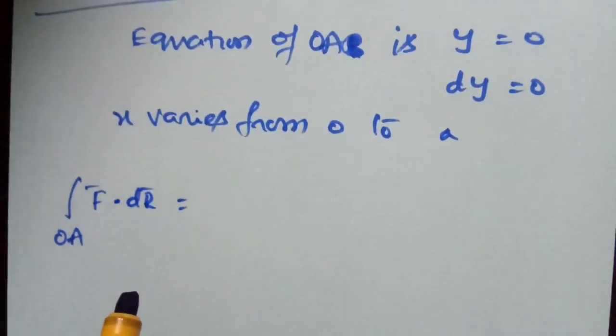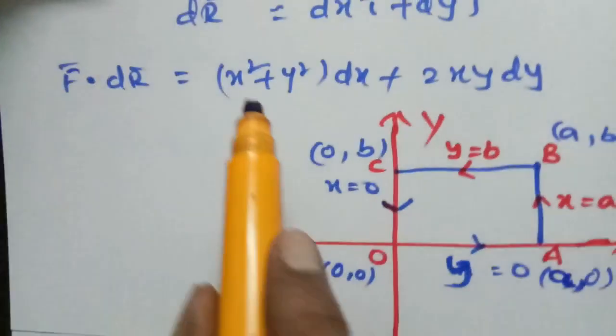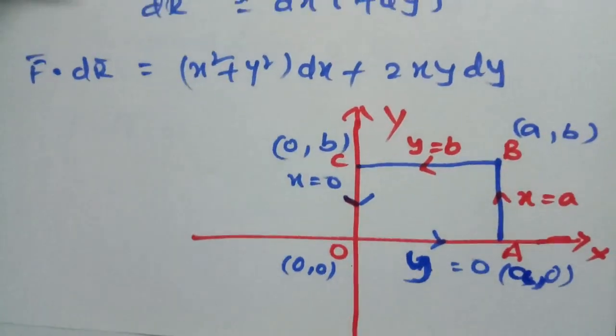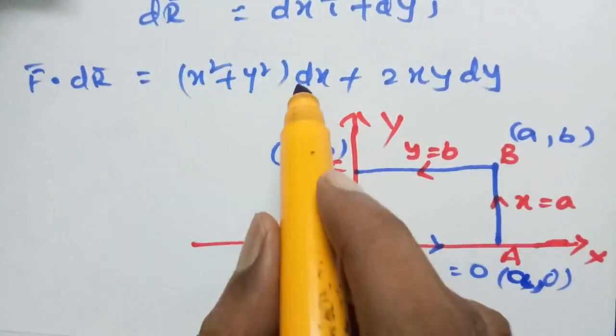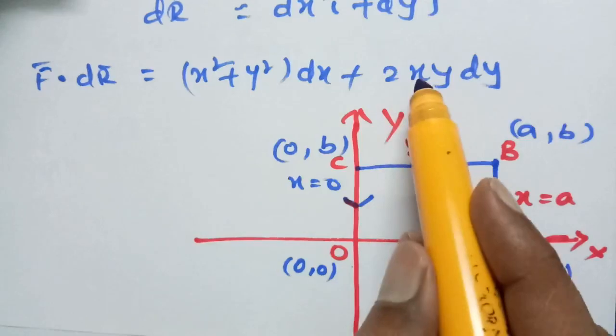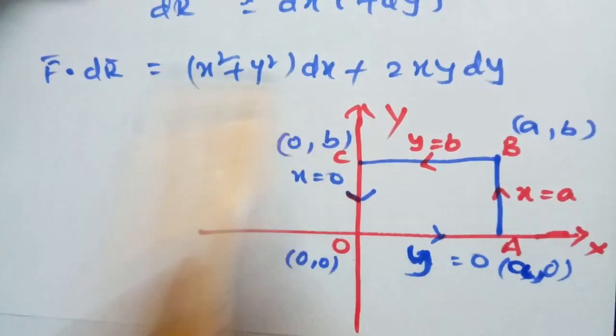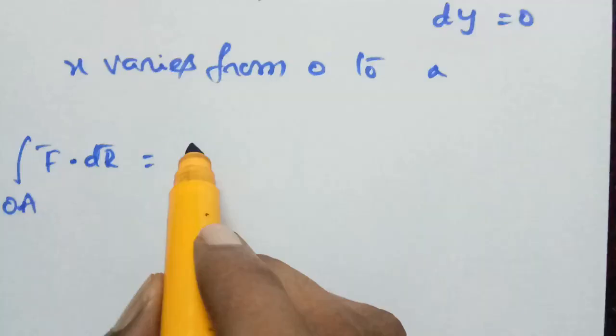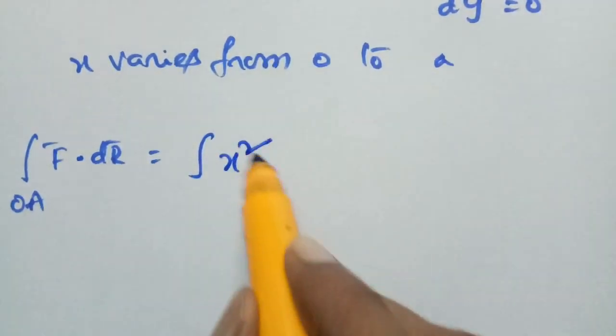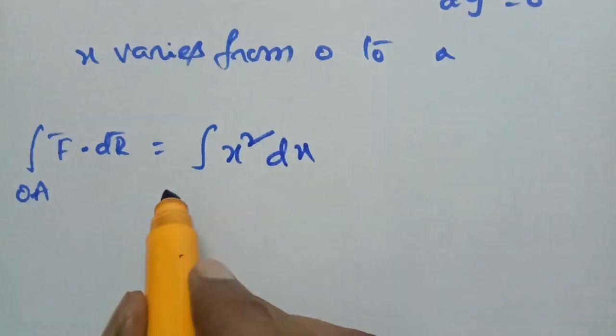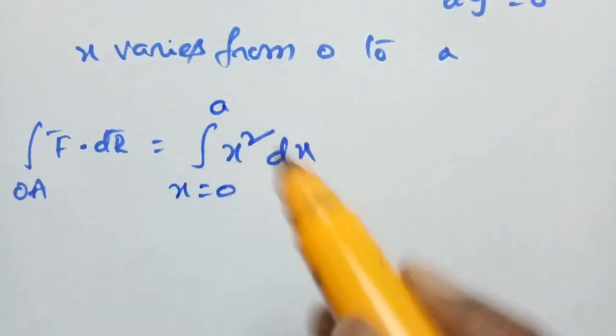So f bar dot dr bar is equal to x square plus y square, now y is equal to 0, into dx, plus 2x into 0 into 0. Therefore x square dx, x varies from 0 to a.